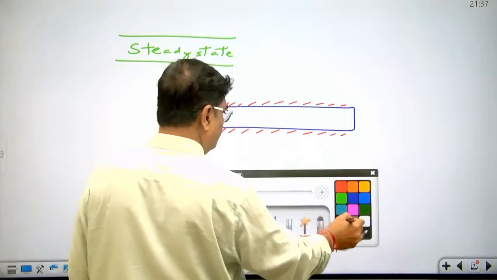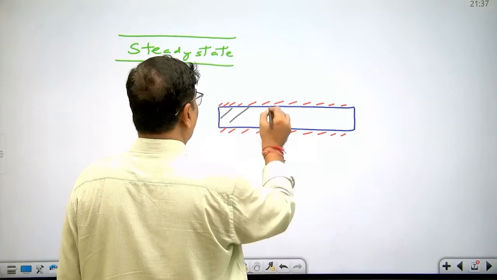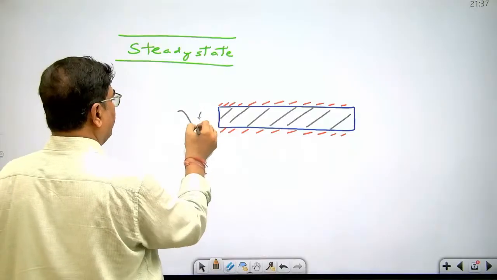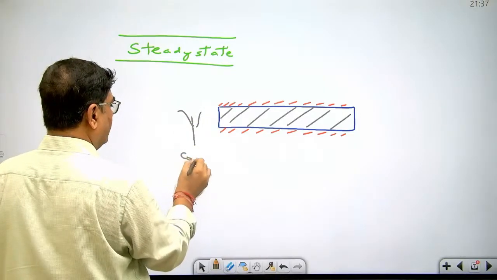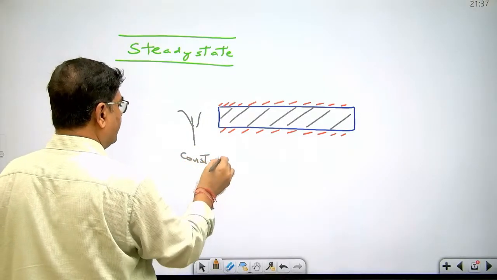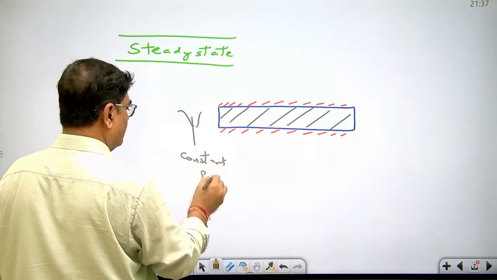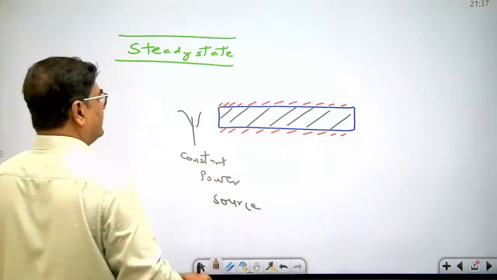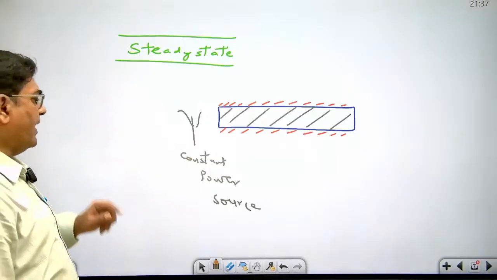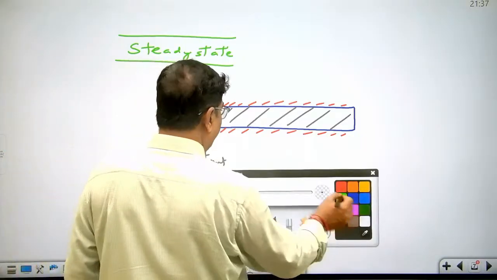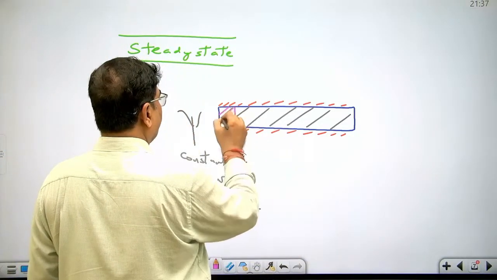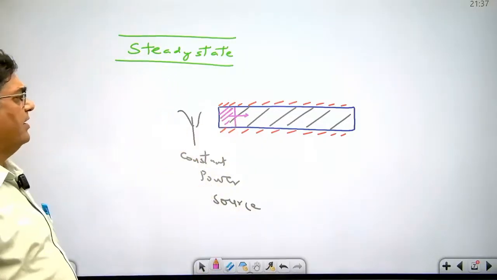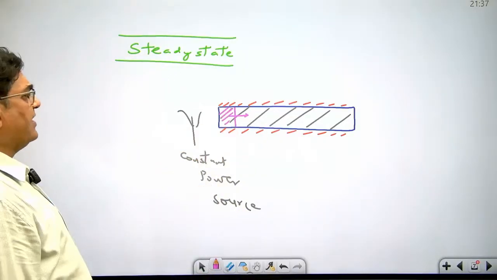Now, heat is being supplied at a constant rate; we have kept a constant power source here. Then some part of the heat supplied is absorbed by the element and some part is transmitted to the next adjoining element.